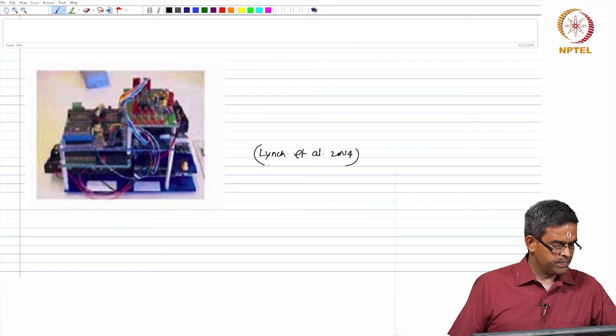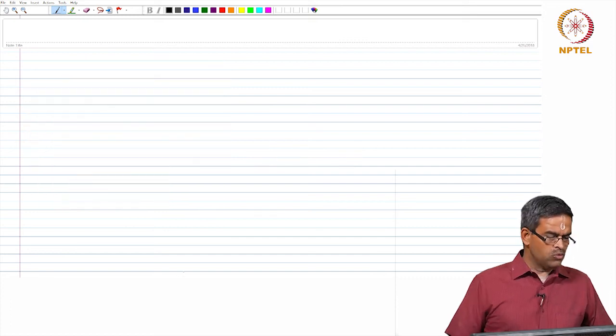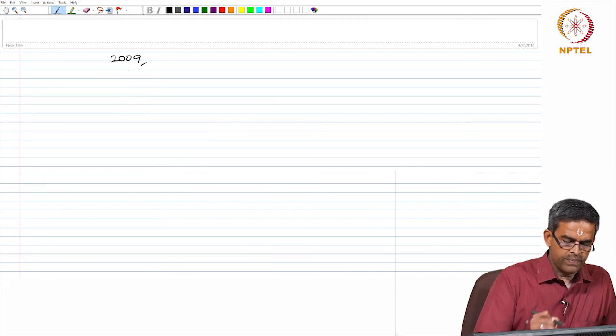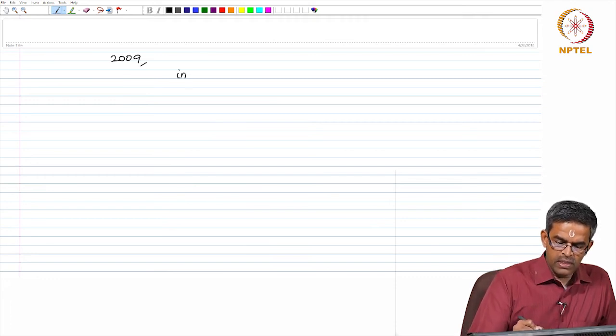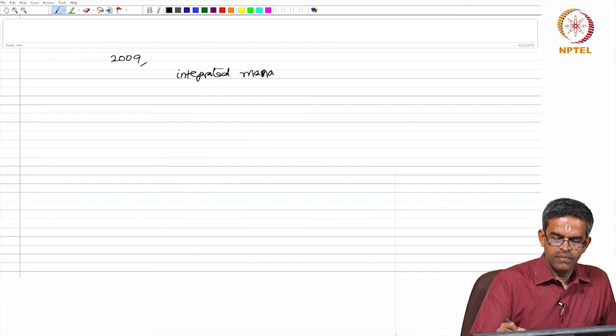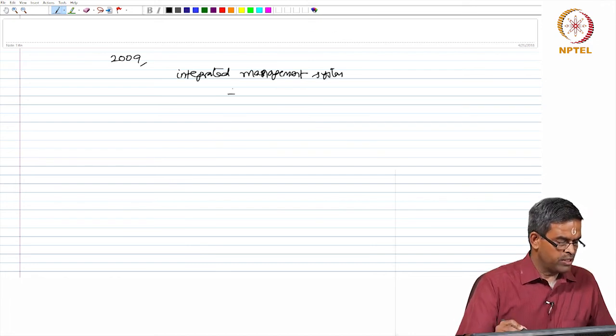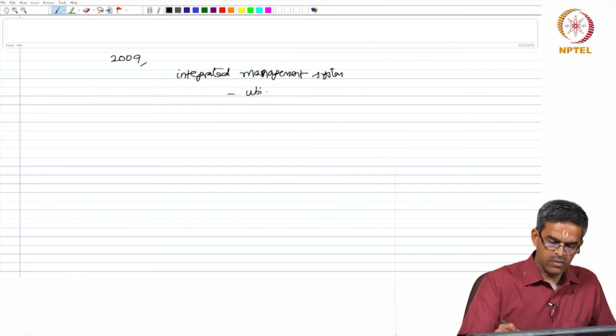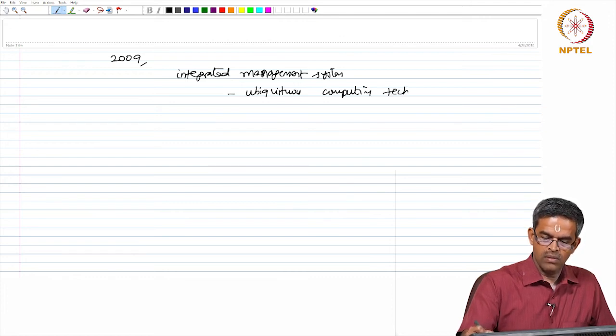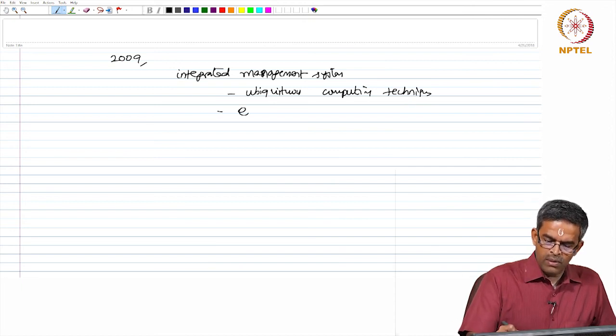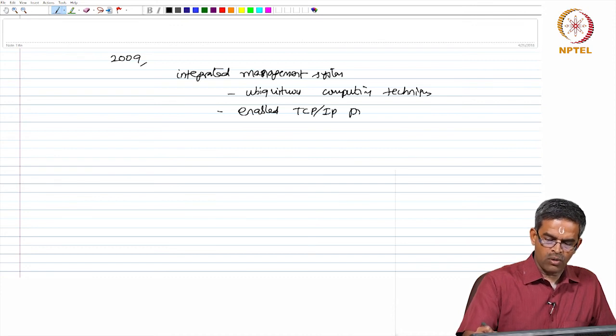Further, in 2009, sensors with integrated management system was developed. This used ubiquitous computing techniques. The design enabled both TCP and IP protocol.